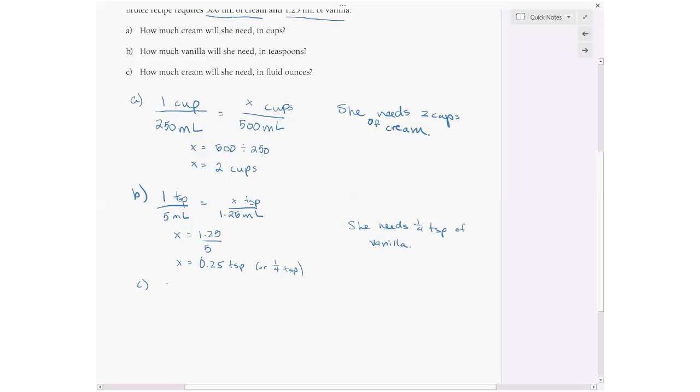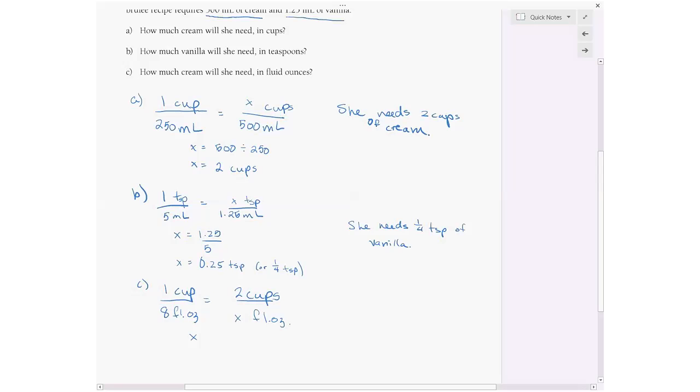Well, she has 500 milliliters of cream. She also has 2 cups. So 1 cup is 8 fluid ounces, and we know she needs 2 cups of cream. And that would be how many fluid ounces?